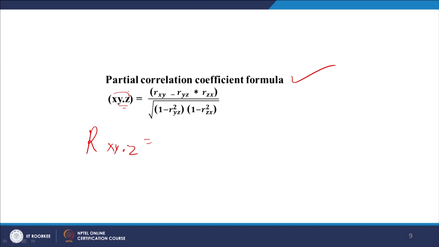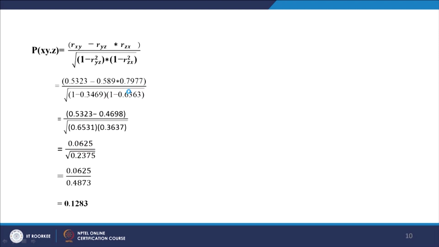When we use this formula, we will find that the partial correlation we get, as you have calculated here, is 0.1283. So, this is the partial correlation.